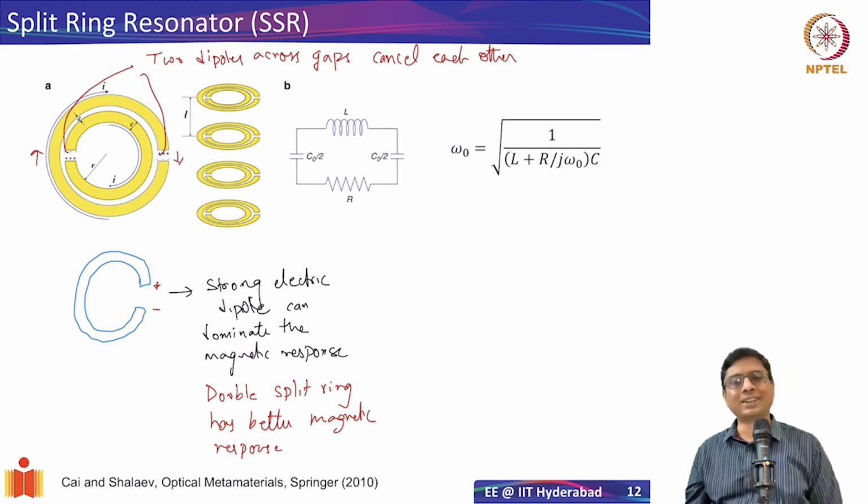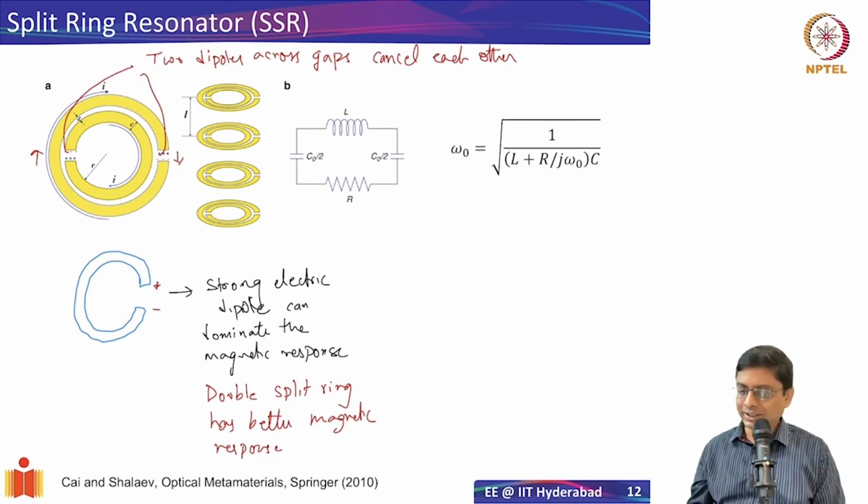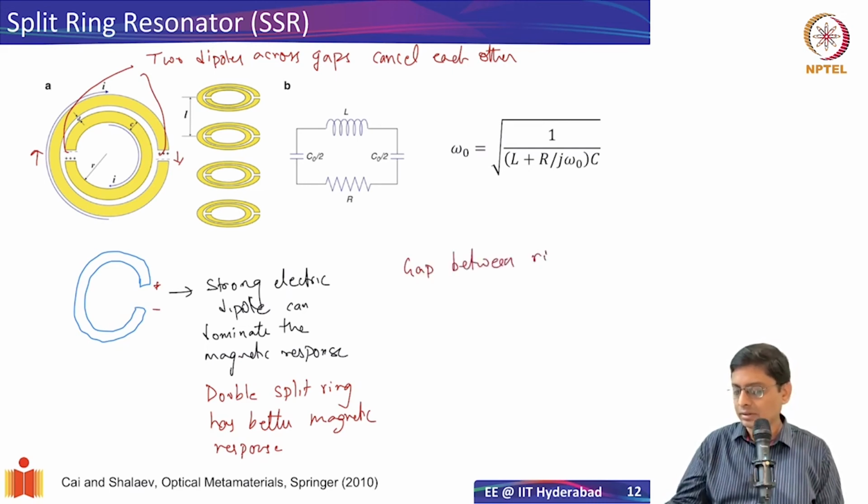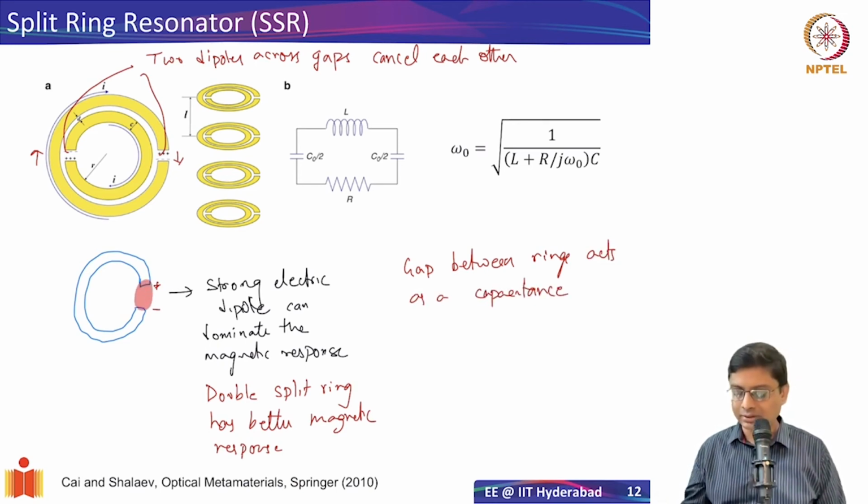And also there is another reason for having a double split ring. So basically the gap between rings acts as a capacitance. In the single split ring, the capacitance is only going to come from here.